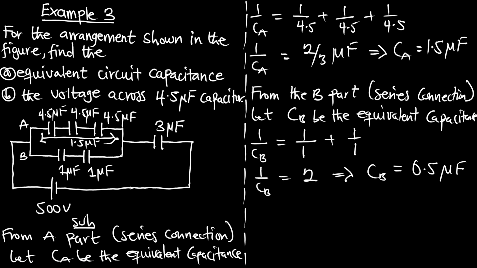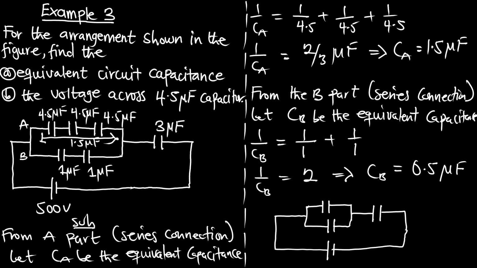So now let's look at the diagram, how it is reduced. Now we have the A part as this capacitor, and at the B part, we have also this equivalent capacitance. And still with these parts, we still have our diagram. So this is the voltage source. All right, so this is the diagram that we have. So the A part gave us 1.5 microfarad.